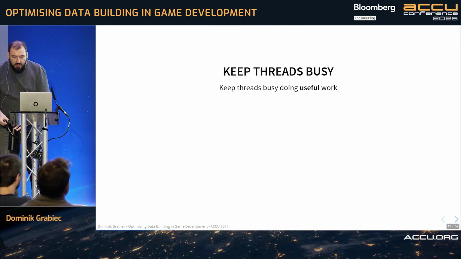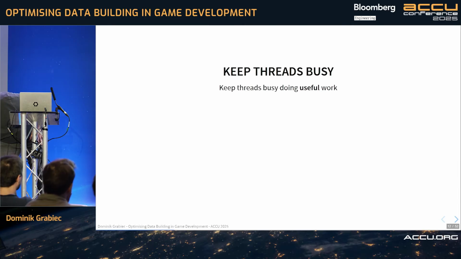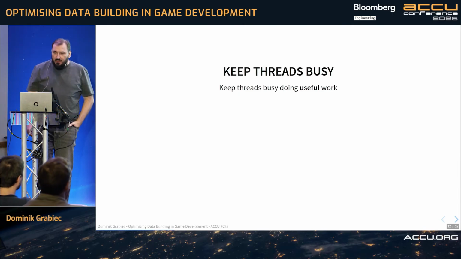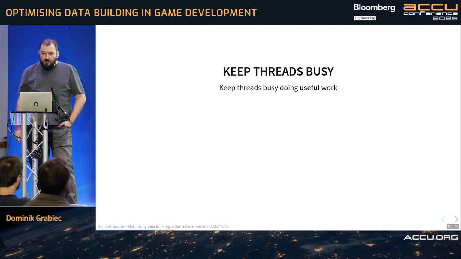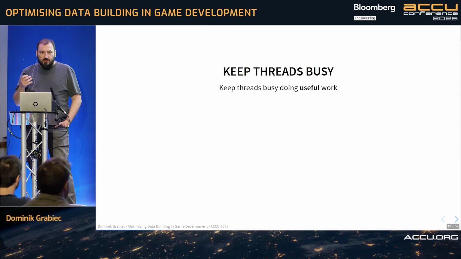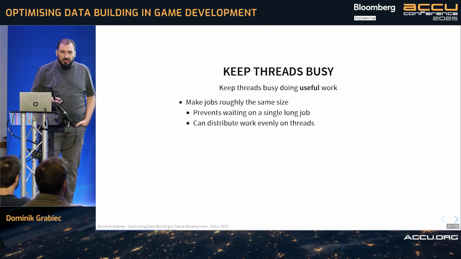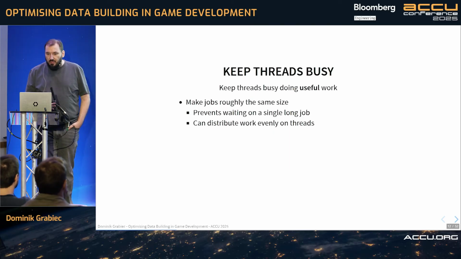Onto the techniques. The first technique can be considered kind of simple, but I just want to go through it. The principle is to keep the threads in the thread pool doing useful work. The best way to make sure of this is to keep all of the jobs that you put on those threads roughly the same size.